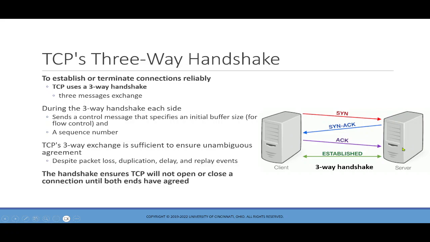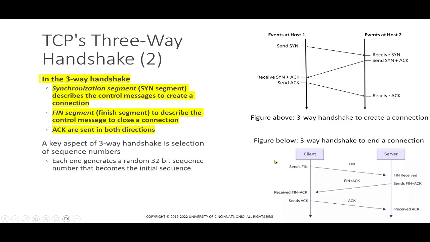Then the third acknowledgement is, thank you for letting me talk with you. And after those three interactions, a connection is established between the two computers, right? Until these three things happen, no packets will be exchanged.